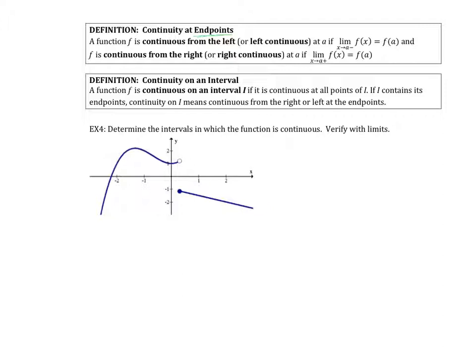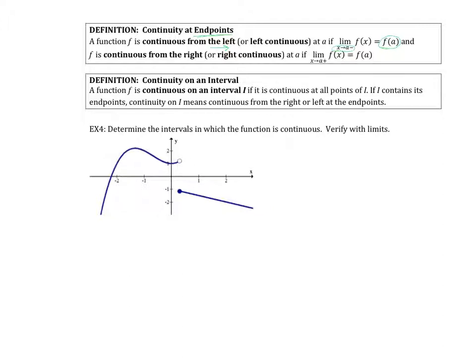So a function is continuous from the left, okay, so coming in from the left, or left continuous, if when you take the limit from the left, it's going to be equal to the value of the function. So again, the limit is equal to the value of the function.